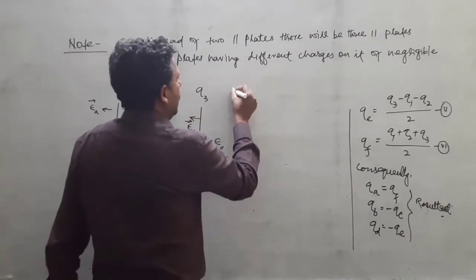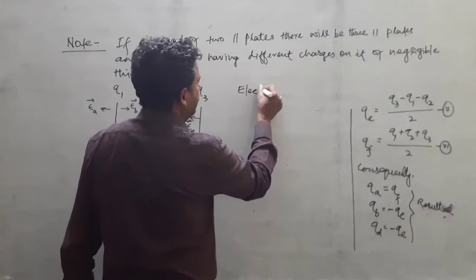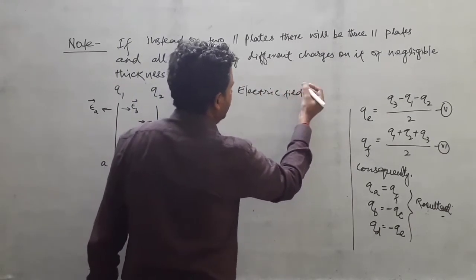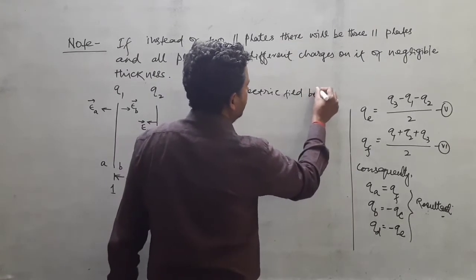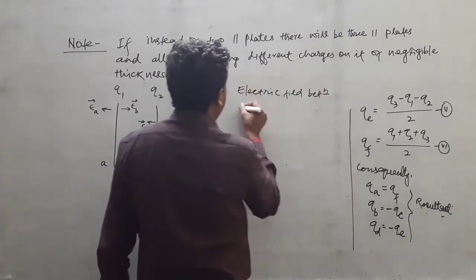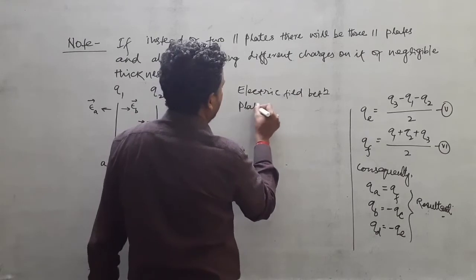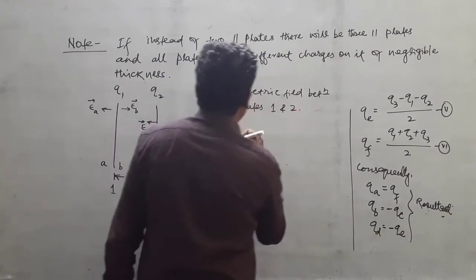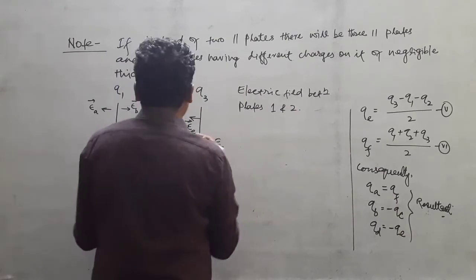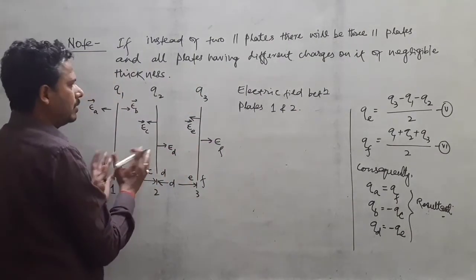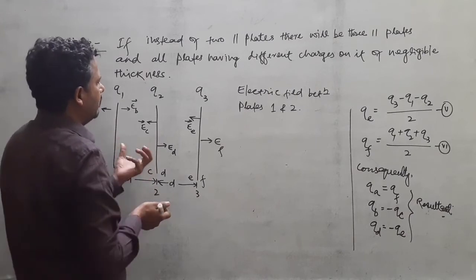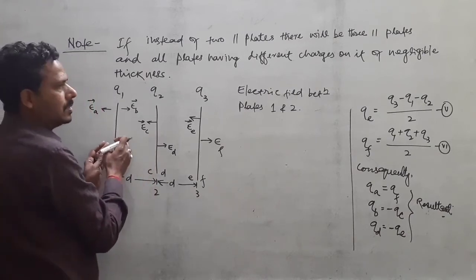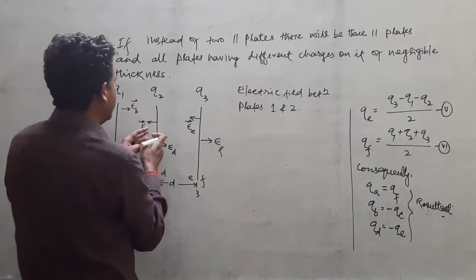Now the electric field between plates 1 and 2, here we are going directly because we have previously learned how it comes, by one face on this parallel plate and by this face on this parallel plate.